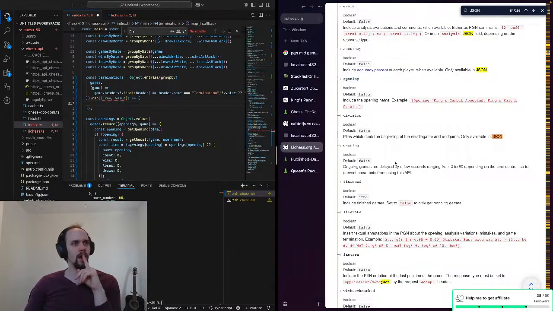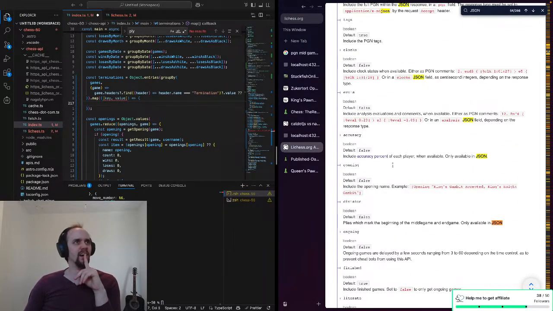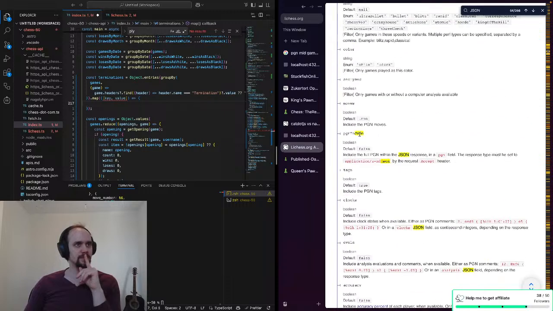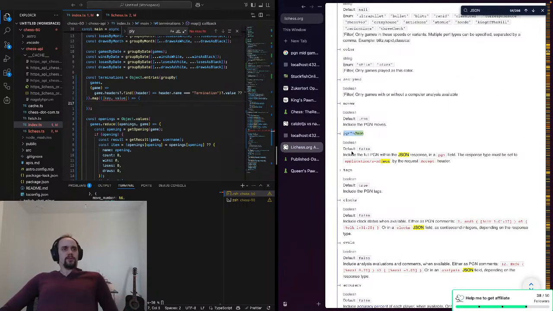Because I thought if we did the PGN in JSON, it would have gotten a JSON response. The response type must be set to application. Oh my gosh. Yeah, I didn't do everything.